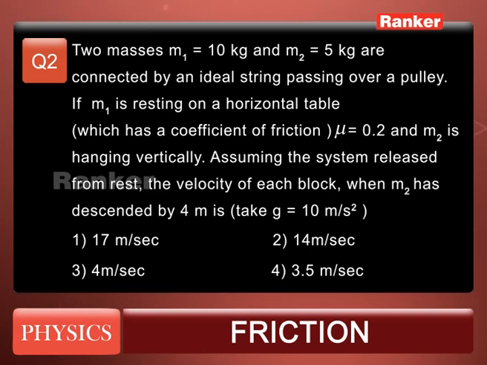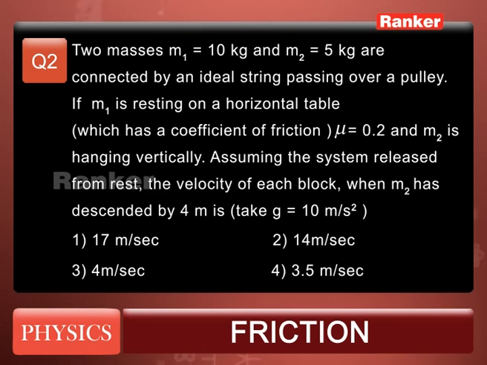This is our question here. And the options are, first option 17 meter per second, second option 14 meter per second, third option 4 meter per second, and fourth option is 3.5 meter per second.